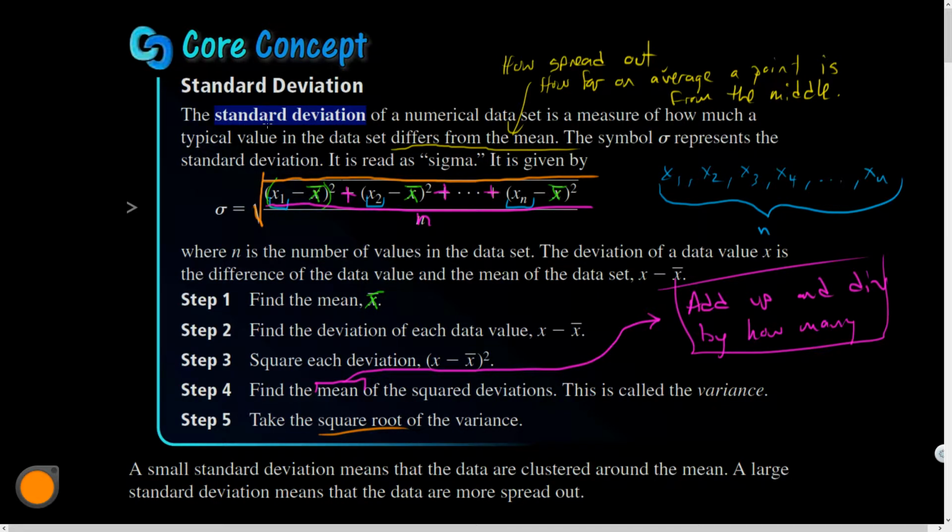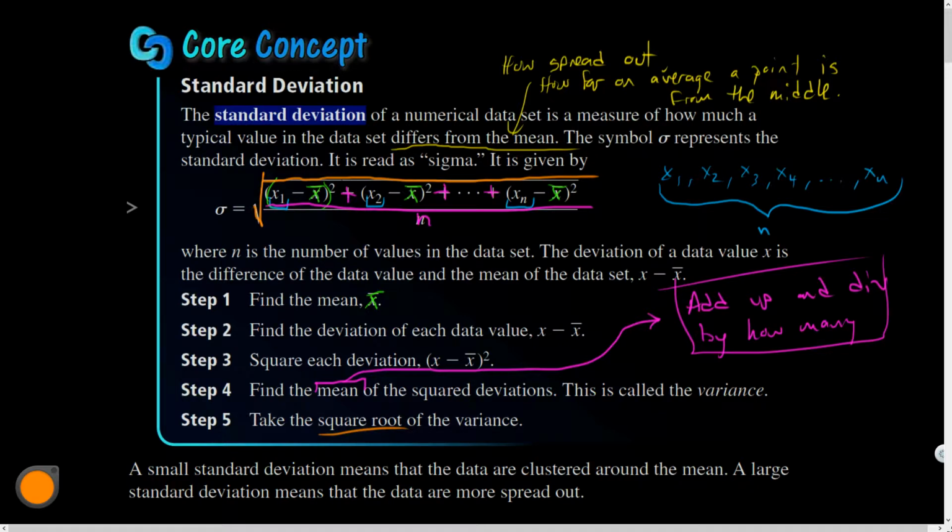All right, that's what standard deviation is going to do. So it says a small number means that the data is clustered around the mean, it's densely packed. A large standard deviation means that the data is more spread out. So just like range does that, describing how spread out the data is, standard deviation is going to do an even better job. It's going to describe, on average, how far is any point from the mean.